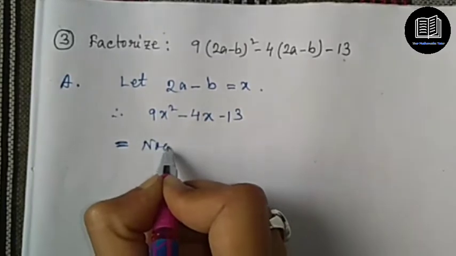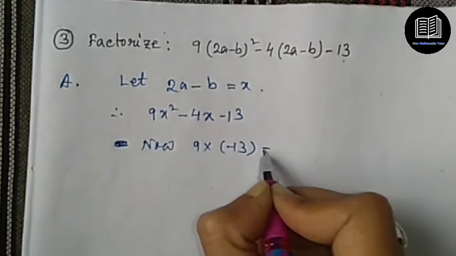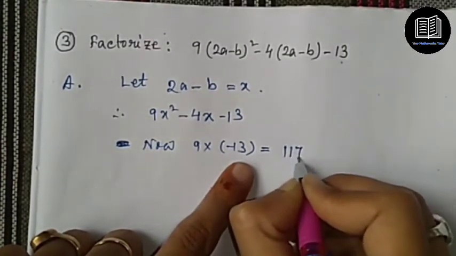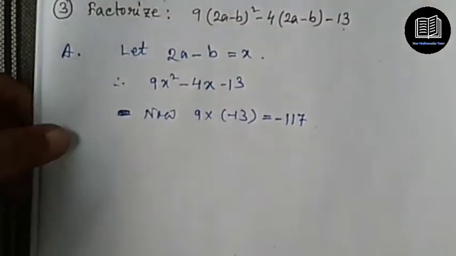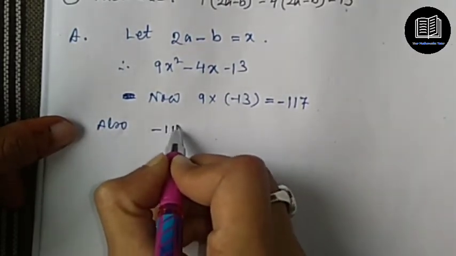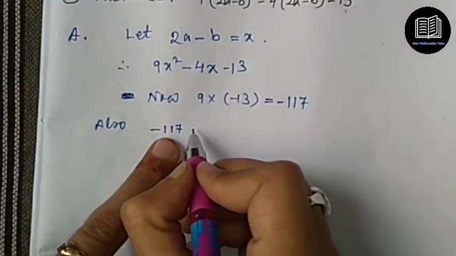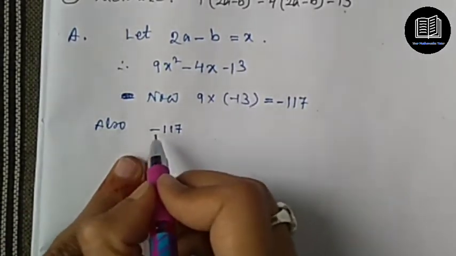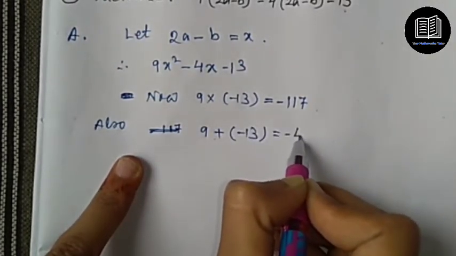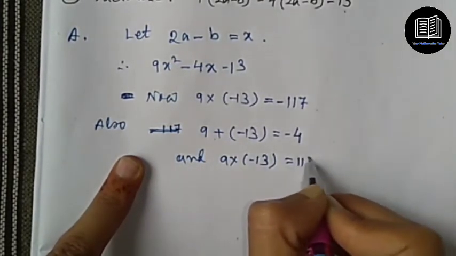Now 9 into minus 13 means minus 117. This minus 117 can be divided in two parts, 9 and minus 13, where 9 plus minus 13 equals to minus 4 and 9 into minus 13 equals to minus 117.